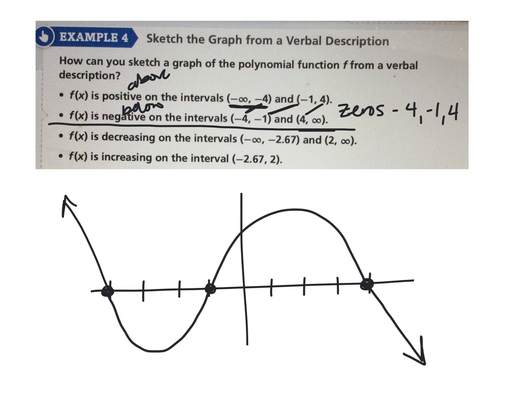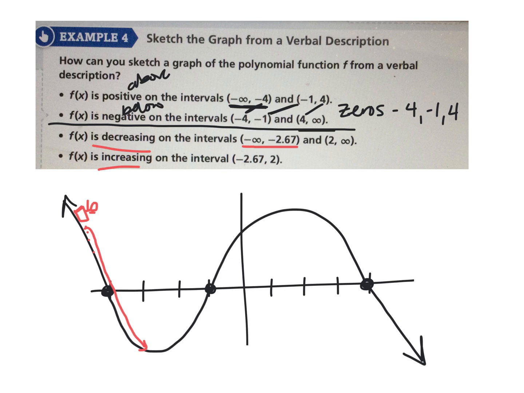Now we can note that there are some sections they say are decreasing and some sections they say are increasing. Decreasing is going to happen, it says, from -infinity to -2.67. So notice if I draw my little cart here, this is my roller coaster person. Yay. All right, they're going down. So this whole section right here is decreasing, and it's going to decrease until we get to -2.67.